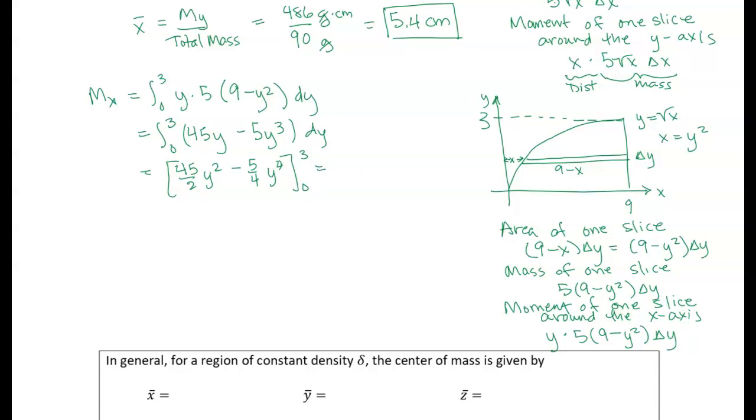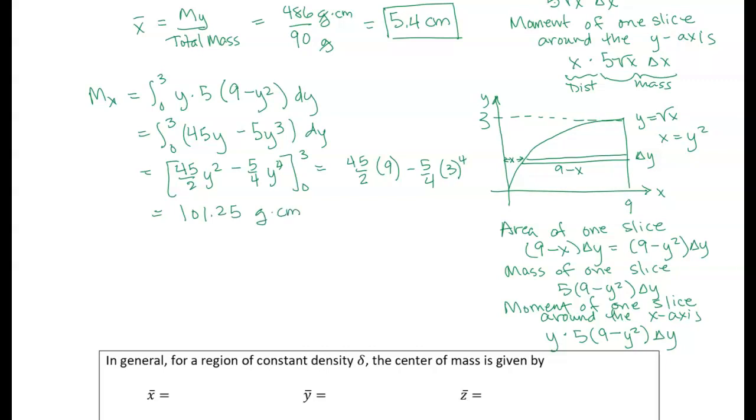So I'm going to end up with 45 over 2 times 9, minus 5/4 times 3 to the 4th. If I put that into my calculator, I get 101.25 grams times centimeters.